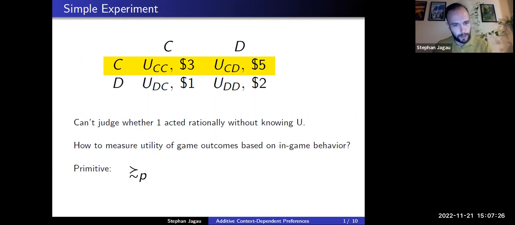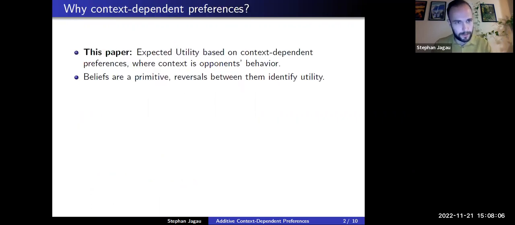So instead of the normal primitive of just a preference relation over outcomes, over lotteries over outcomes, we're looking at some conditional object here where we have a ranking over our strategies for every strategy combination of the opponents. So we have a conditional preference relation where the conditioning goes in terms of opponent strategy profiles. We can extend this in terms of beliefs over opponents' strategy profiles, and that's the primitive we're going to be working with here today. So the P is any probability distribution over the opponent's strategy profiles here.